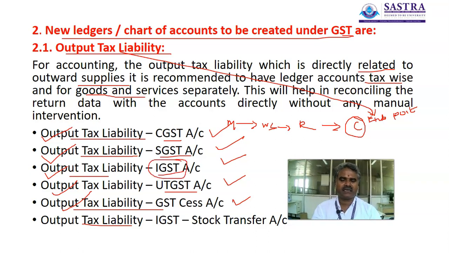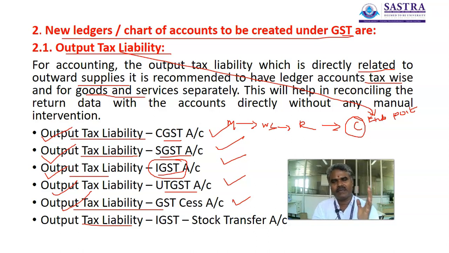IGST is for inter-state transfer. When we have outward supply between states, we have to charge IGST. It is also dual: 50% of the IGST will go to the central government, and the remaining 50% will go to the state government. What I collect will be bifurcated into two.